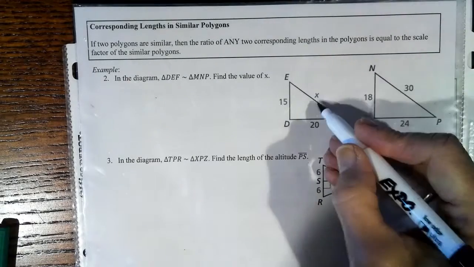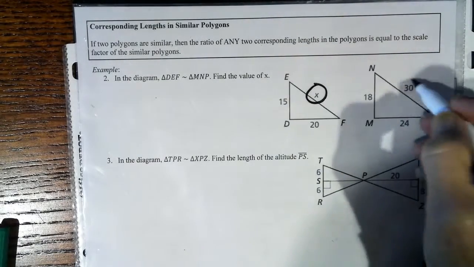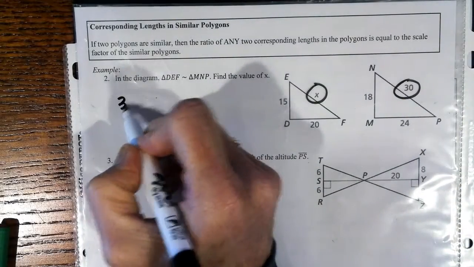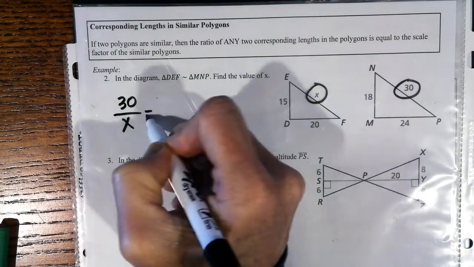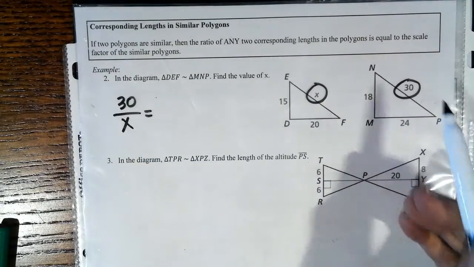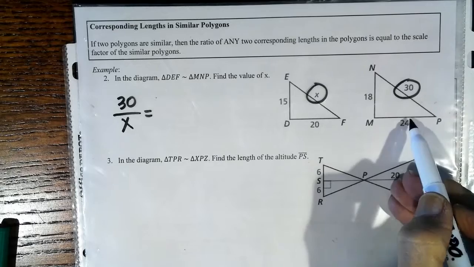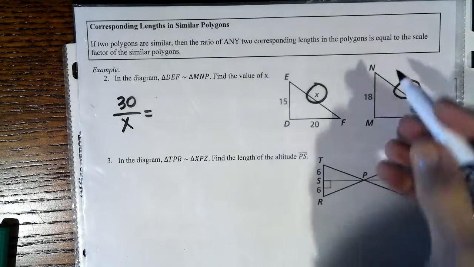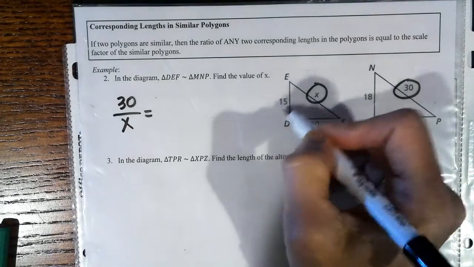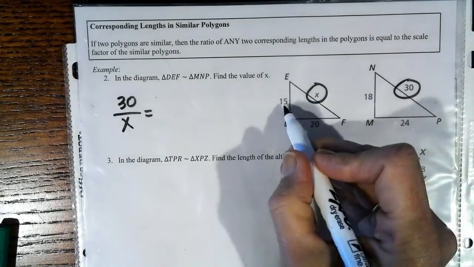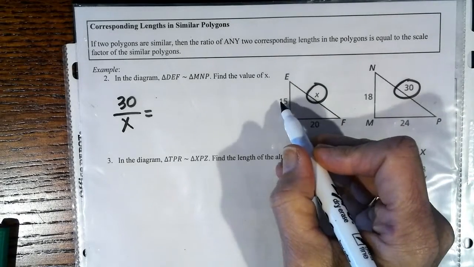So I'm going to write 30 over x equals. That means I can either write 24 over 20, because that would be the bottoms, or I could write 18 over 15. You can write either ratio. Now to me these numbers seem easier, so I'm just going to pick 18 and 15.